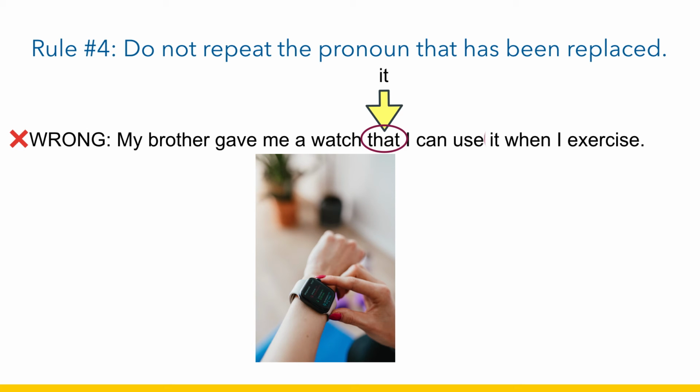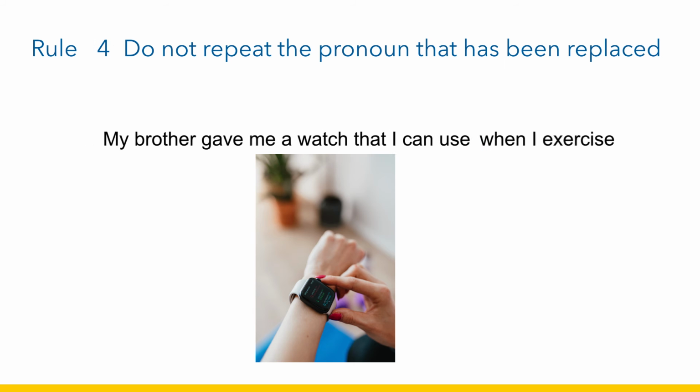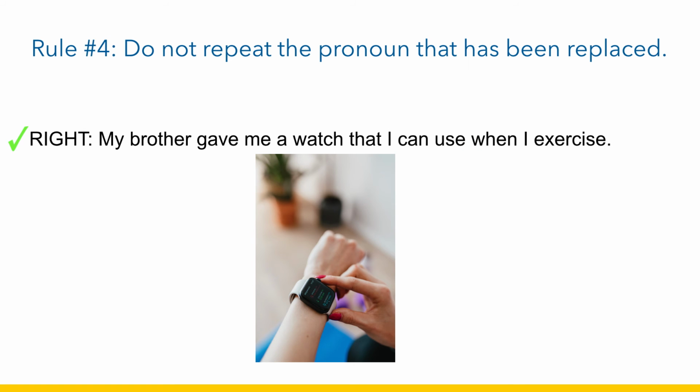That means we don't need this it. It is a double object. So simply remove that it. My brother gave me a watch that I can use when I exercise. Again, don't repeat pronouns that have been replaced.